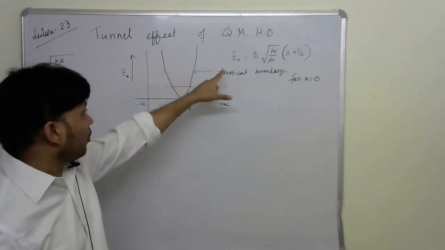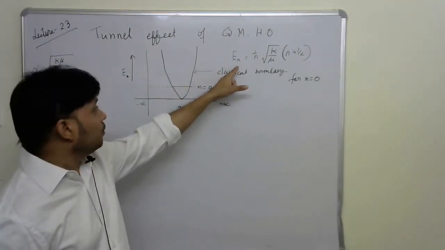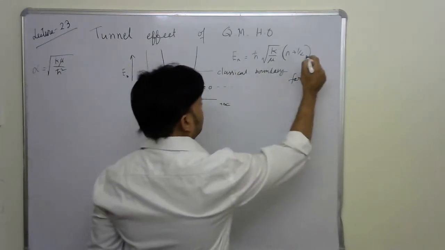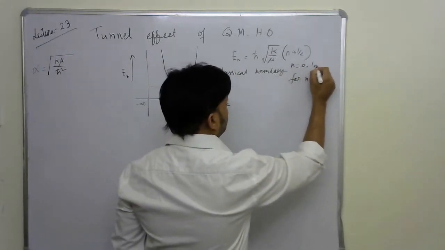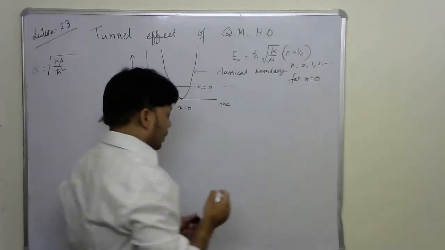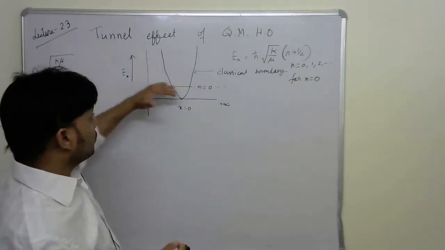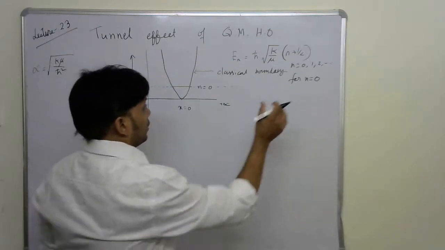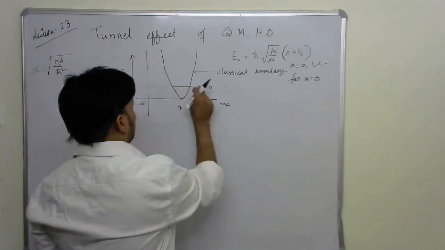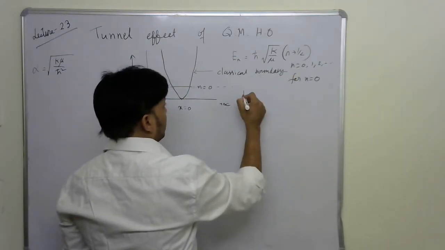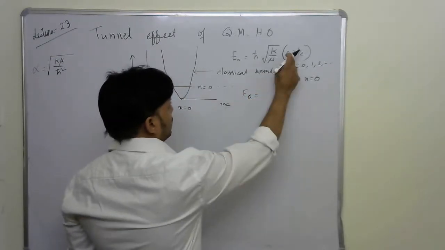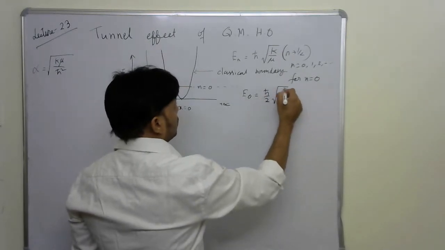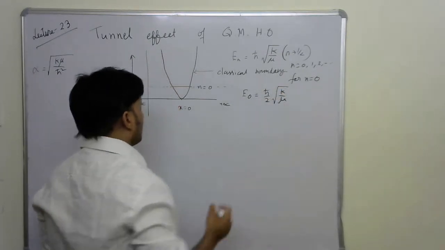So according to the equation here, depending on the values of n, so n could be 0, 1, 2, 3, etc., we will have discrete energies and discrete energy levels. All right. And for n equal to 0, the level that I have drawn, E0 becomes h cross divided by 2 root over k by mu.